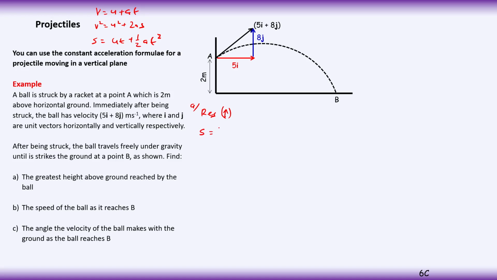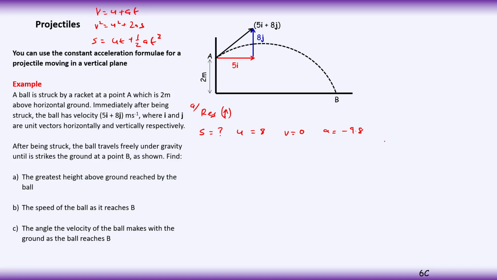S, we don't know what that is. It's a question mark. U, the initial velocity, is 8 vertically. V, at the greatest height, which is here, V is equal to 0, the velocity is equal to 0. A, acceleration, since we're going positive, is minus 9.8.